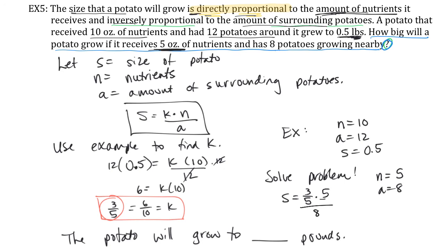And then I'll just simplify this a little bit. The numerator there can simplify. That's just a 3. So S is equal to 3/8. So the potato will grow to be 3/8 of a pound. And that is done.